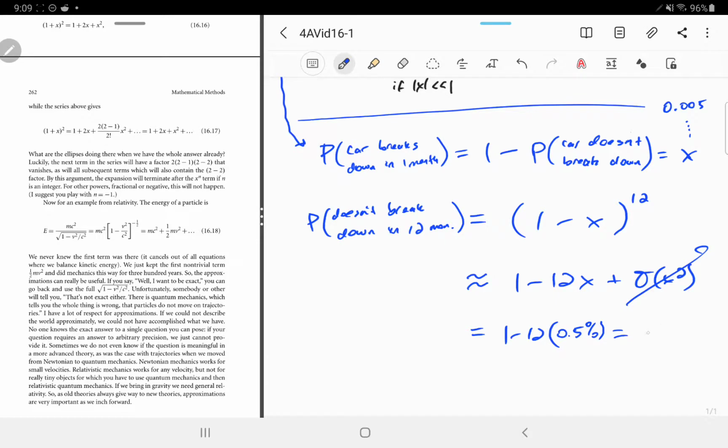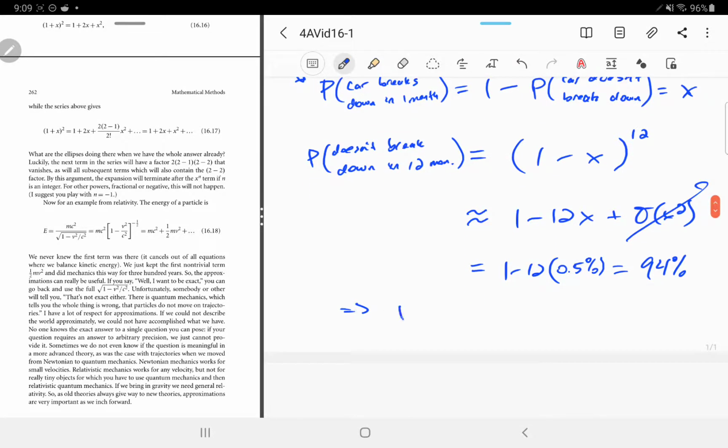So this is 1 minus 6%, or 94%. That's the probability it doesn't break down. So the probability that it breaks down in a year, breaks down at least once, is 6%.